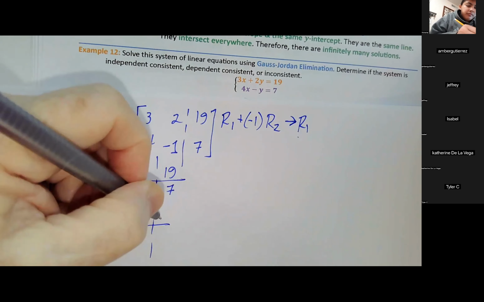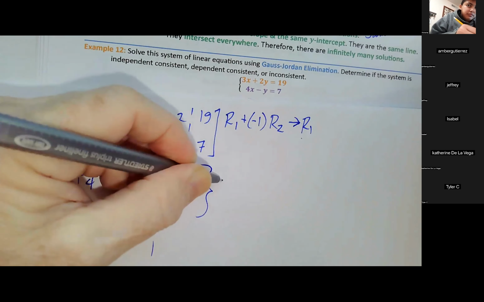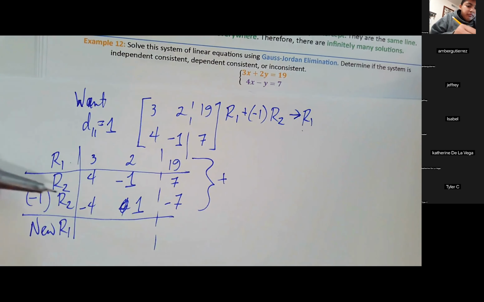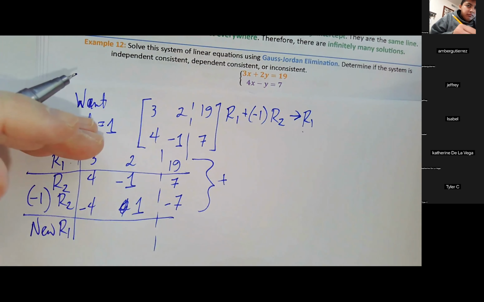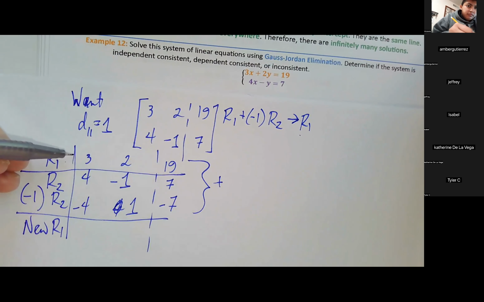And -1 times 7. And then we're going to add the first and third rows. So what are we going to have if we add the first row and the third row?